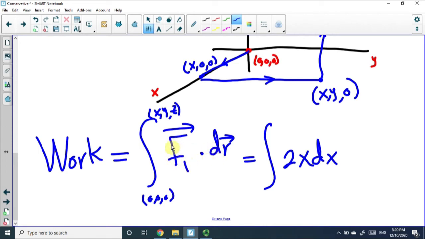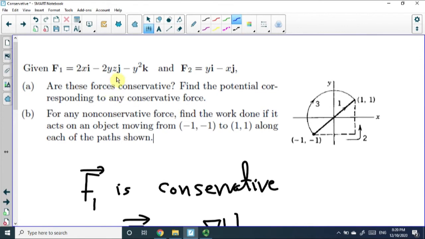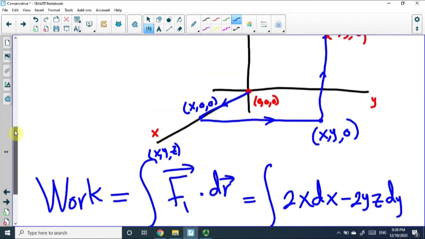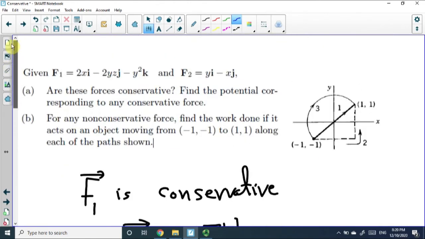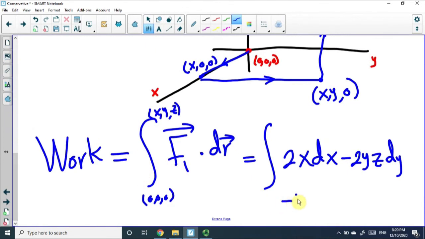Next, the other term will be the y component of the force times dy. Let's go up and check what the y component is. It is simply minus 2yz, so minus 2yz dy. The last component of the force is minus y squared, so it's minus y squared dz.